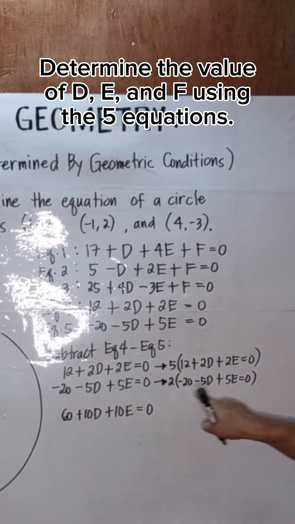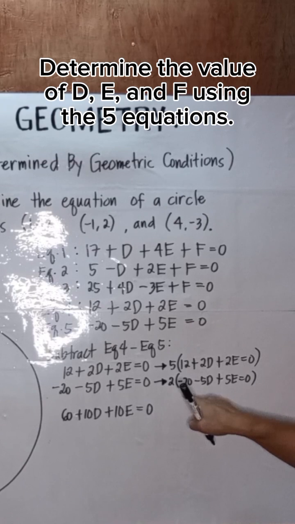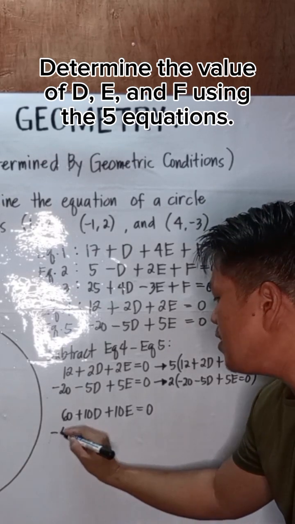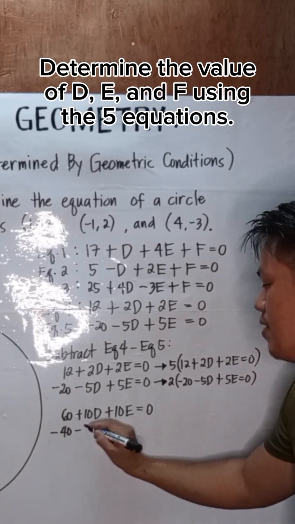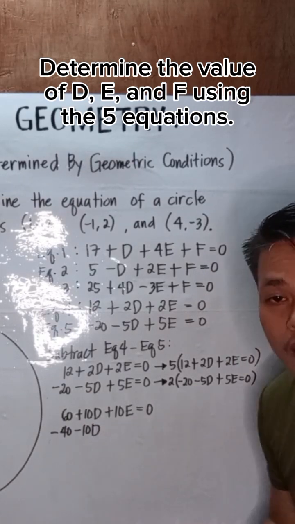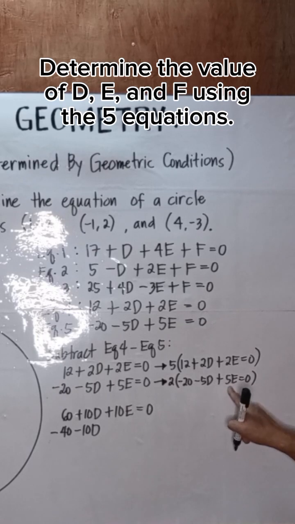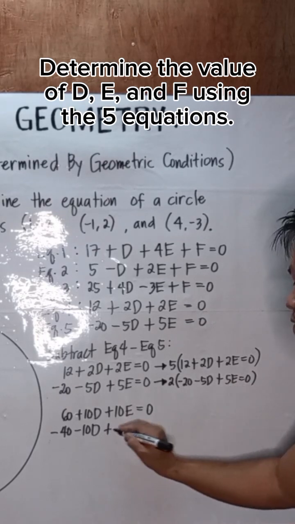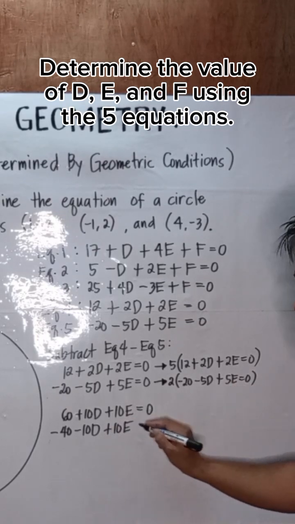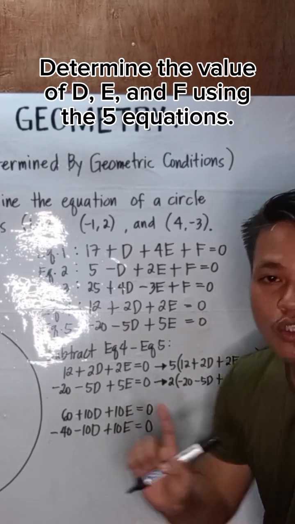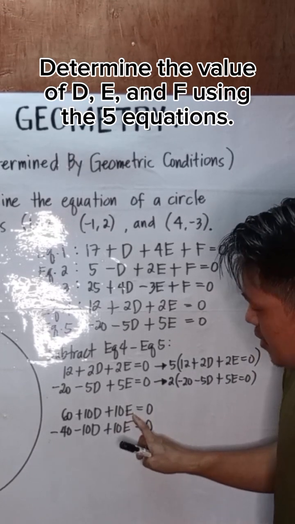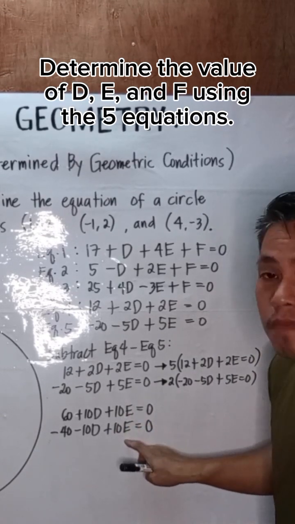Then, ito namang part na to is 2 times negative 20 is negative 40. Then, 2 times negative 5 is negative 10. So, negative 10d. Then, 2 times 5e is positive 10e. Then, 2 times 0 is 0.